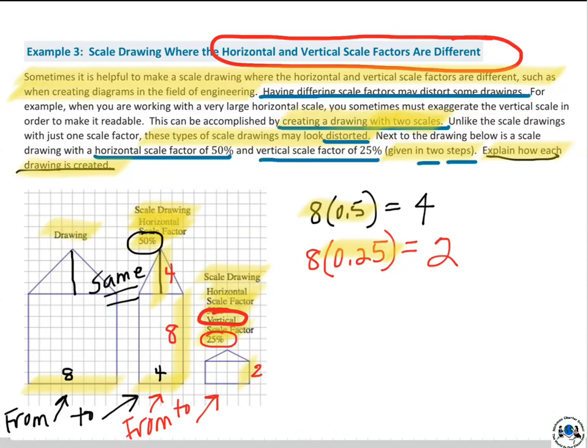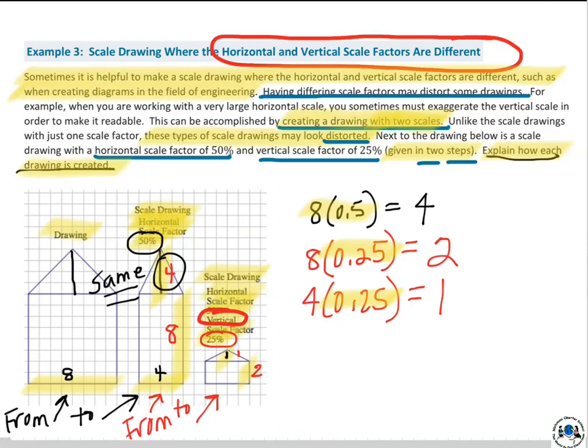So now our new height is 2 units high. And for the height of our roof, which was 4 over here, if we apply the 0.25 scale factor, we end up with a roof that is only 1 unit high. And therefore our roof has flattened out, as has our entire house.